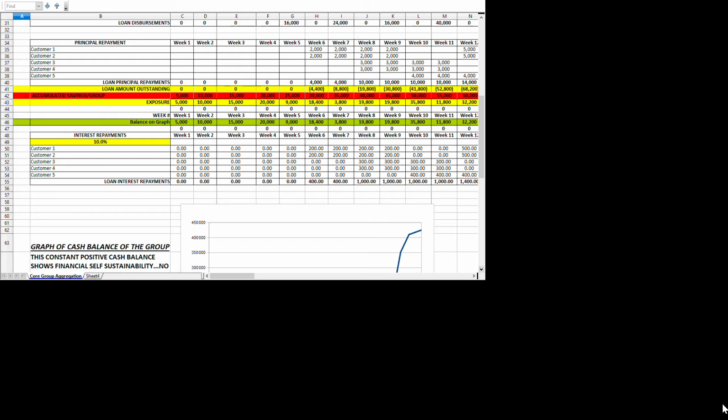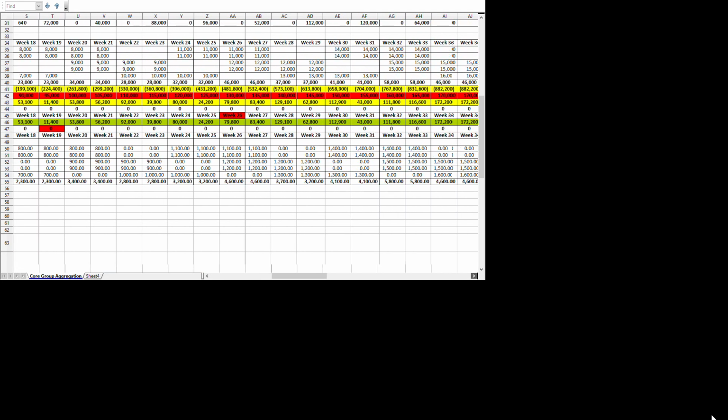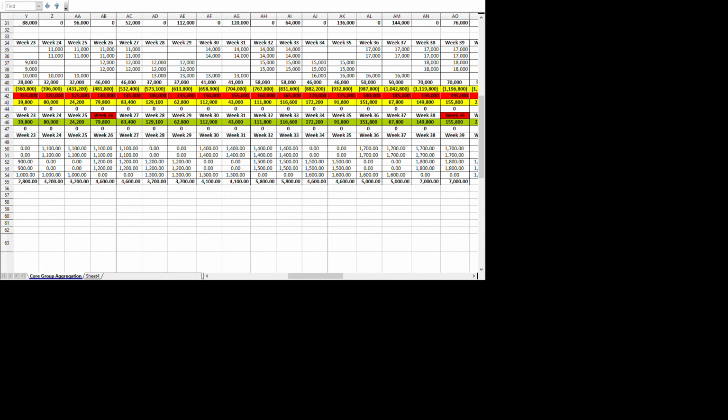The loans that went out in week 7 for customers 3 and 4, so we are in row 37, you see the repayments there, 3,000 a week, because their loan was 12,000. And you see row 39, customer 5, the repayment is 4,000 a week, because that loan was 16,000. So these rows are looking at repayments. So you see repayments going all the way across to week 52.